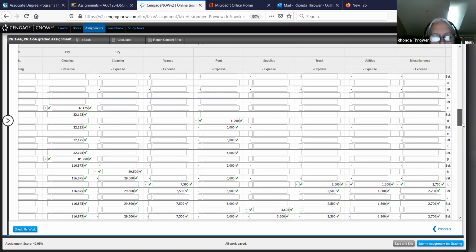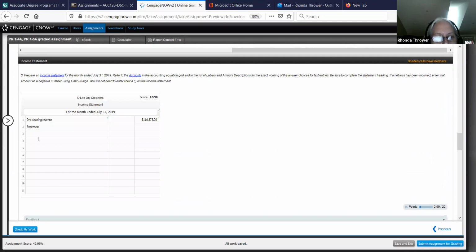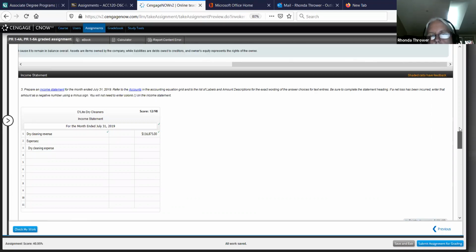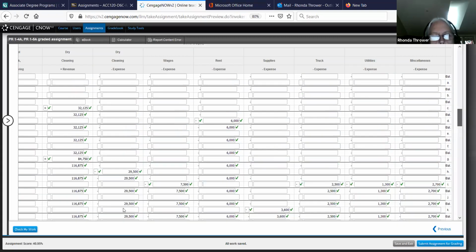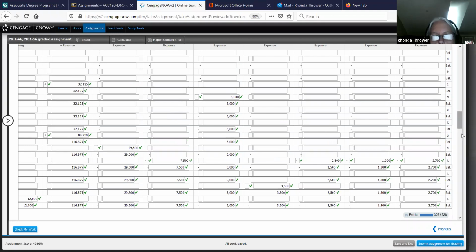So dry cleaning expense is going to be the name of my expense account. And I'm going to put that as the amount of $29,500. It's coming from right here, the ending balance.